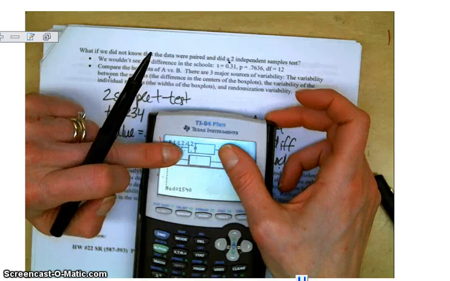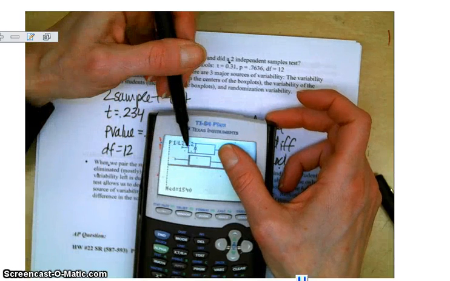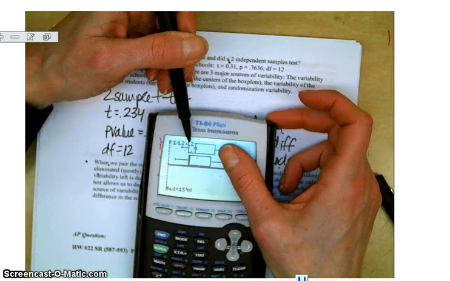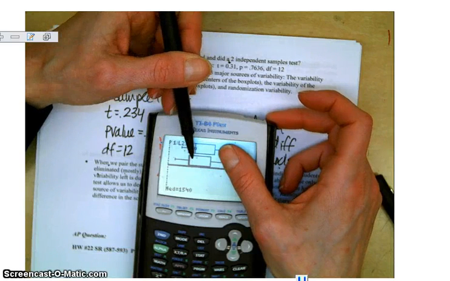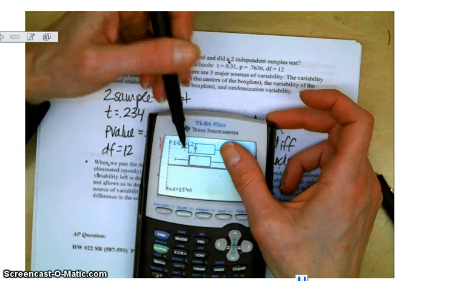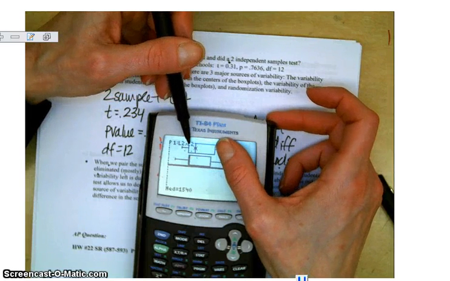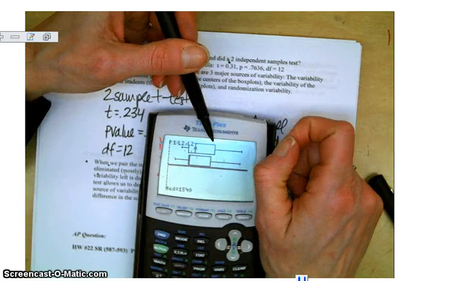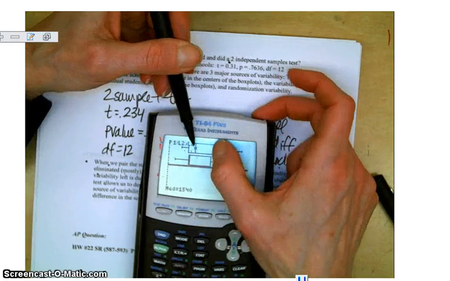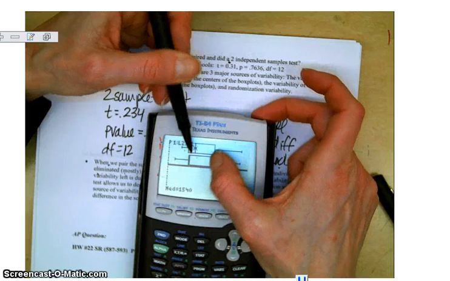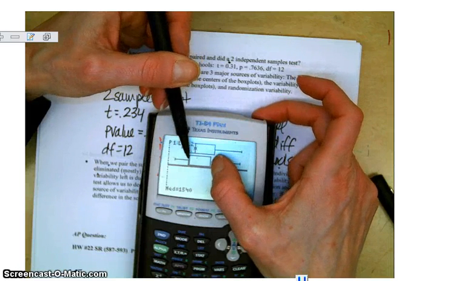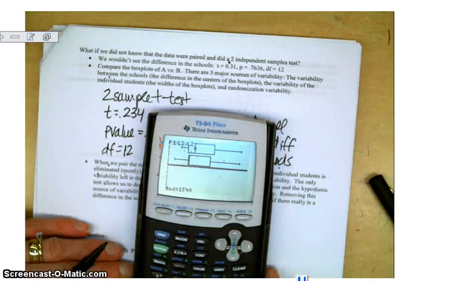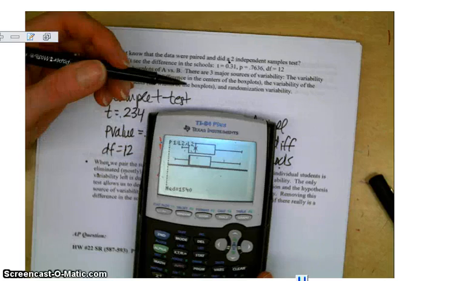So now when you look at those, there is a greater number of students in the middle 50% in school A compared to school B. You have more students in this middle of the box plot. The middle of the box plot is from Q1 to Q3. And actually, you've got a lot of students in both of them in that upper quartile, but this has more of the students. So the box plots are a little different. There's more variability than when we pair them.